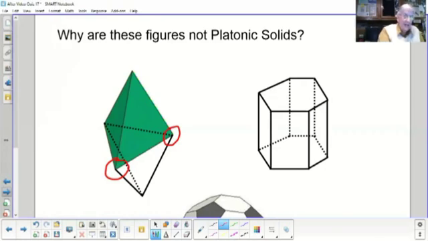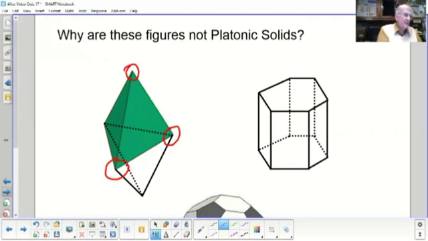Well, I lied to you. There are 4 going out from it also. However, look at this one. There are only how many going out from it? Only 3. Every vertex has to have the exact same number of edges emitting from it, and also the same number of faces emitting from it.